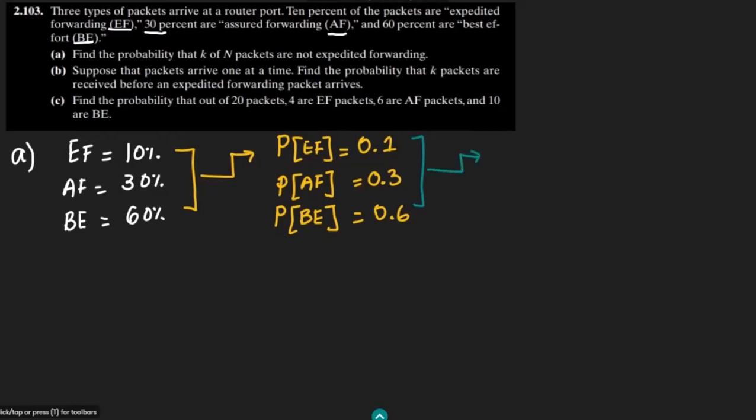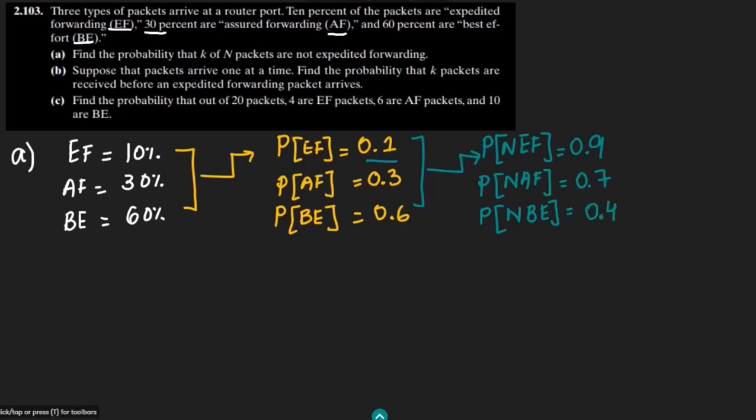We can also find the probability of no expedited forwarding, which is 1 minus 0.1, so 0.9. The probability of no assured forwarding, NAF, is 1 minus 0.3, so 0.7, and the probability of no best effort is 1 minus 0.6, so 0.4.